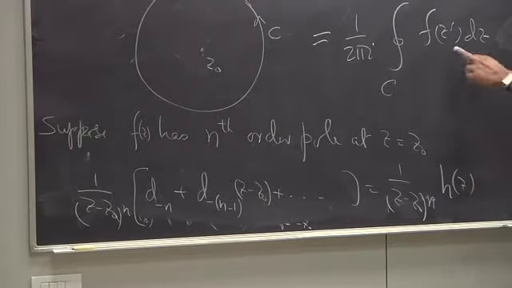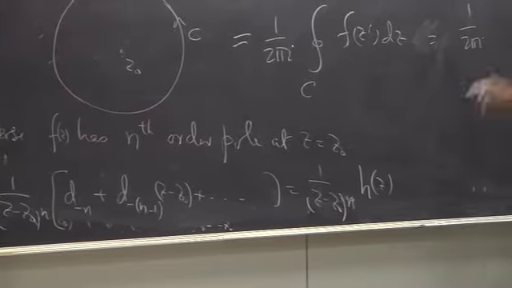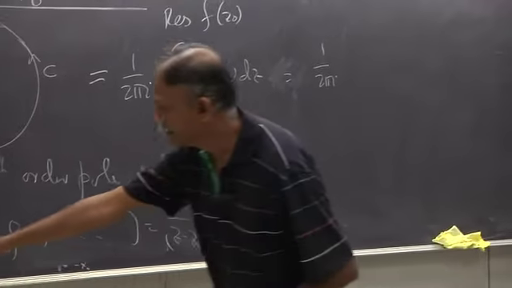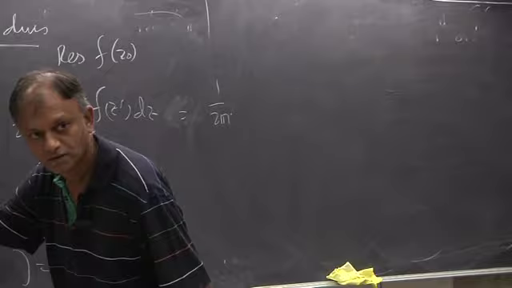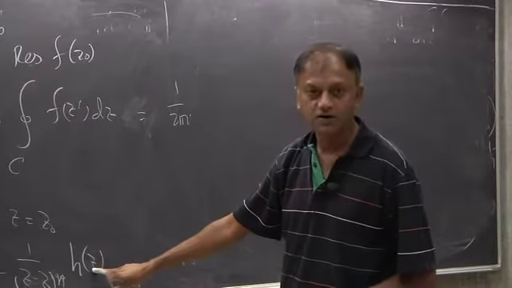So now I want to compute this quantity. I substitute this f of z prime there. This is 1 over 2 pi i. Since d minus n is not 0, that means this h of z0 is not 0.